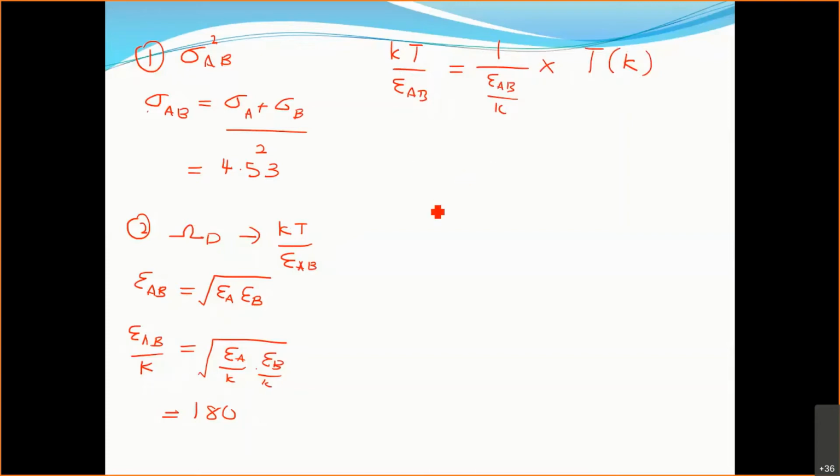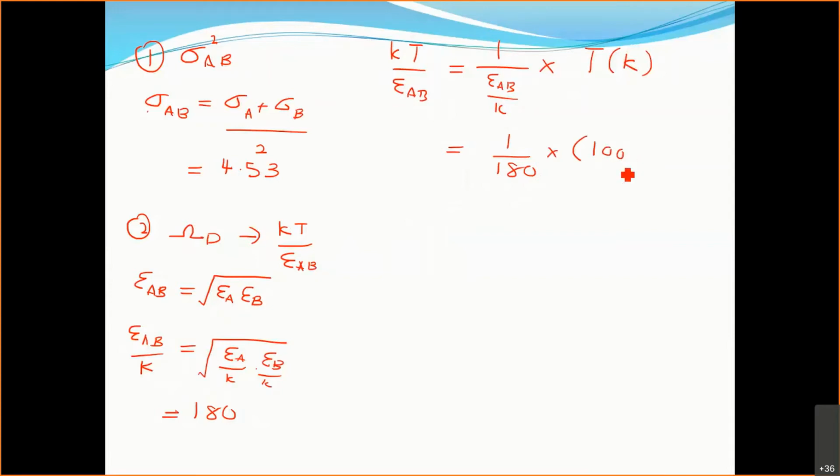So if I were to write here, it's going to be equal to 1 over 180, because I know that the value of epsilon AB over K is 180. So 1 divided by that value, 180, times our temperature, which is 100 degrees Celsius.